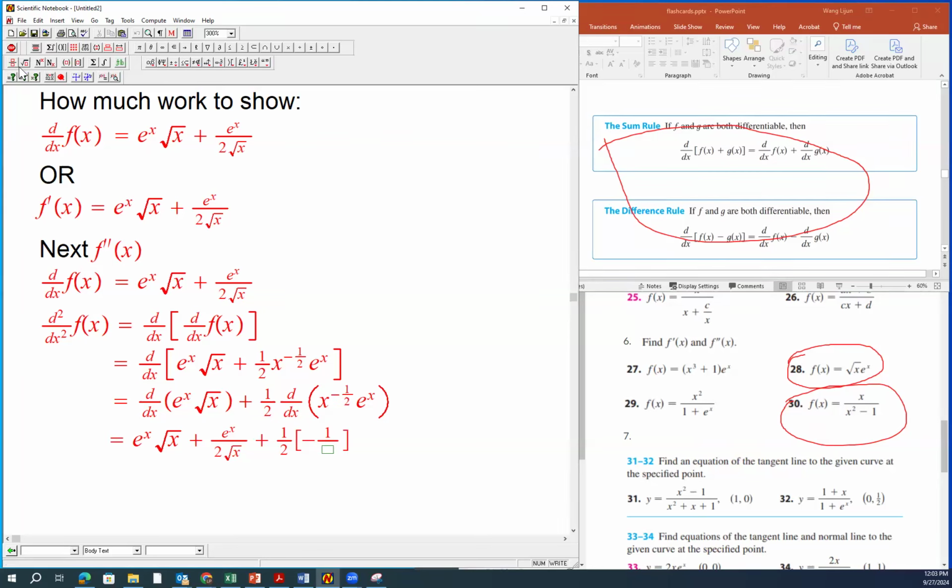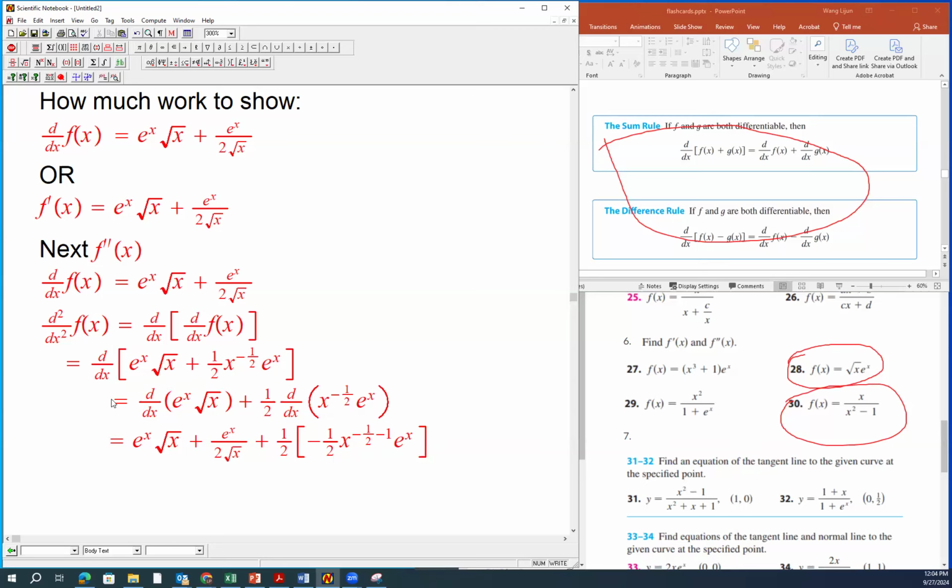So you're going to differentiate x raised to the power negative half, and so that's x raised to the power of negative half minus 1, right? So we just finished differentiating that power part. e to the power x, we're going to keep it. Remember, we're applying product rule.